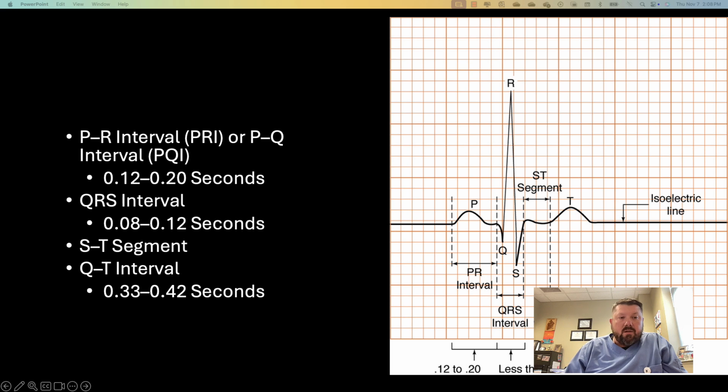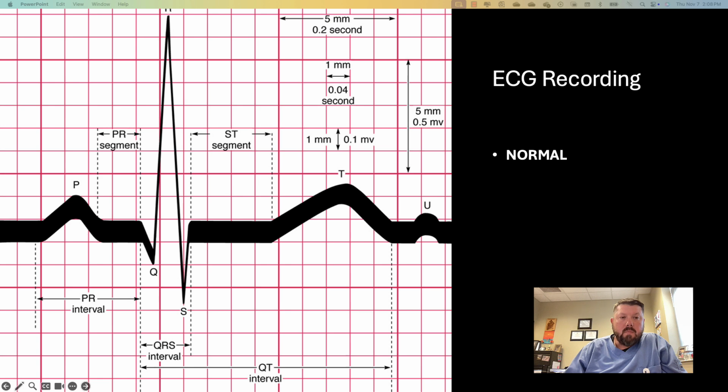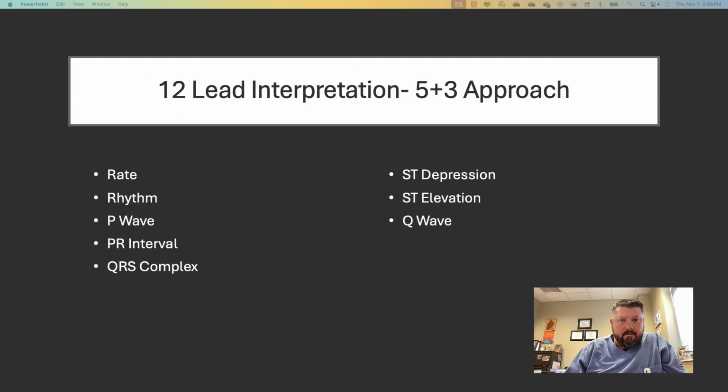And your QT interval, which is usually 0.33 to 0.42 seconds. And there are some electrolyte abnormalities that could affect the QT interval as well. So these are all normal waveforms, normal intervals, normal heights, and all on this ECG right here.